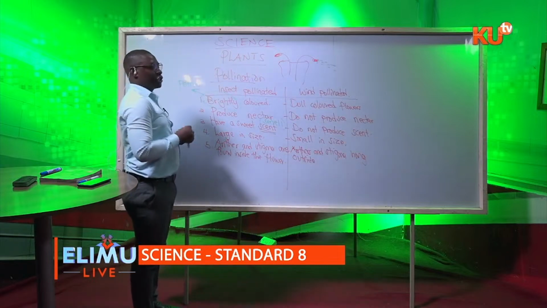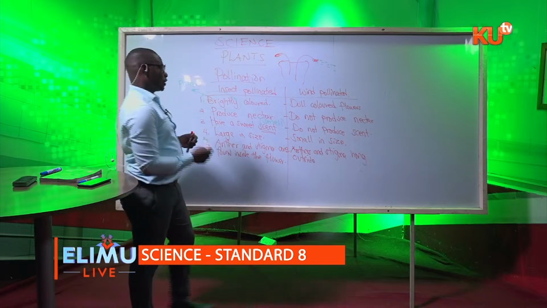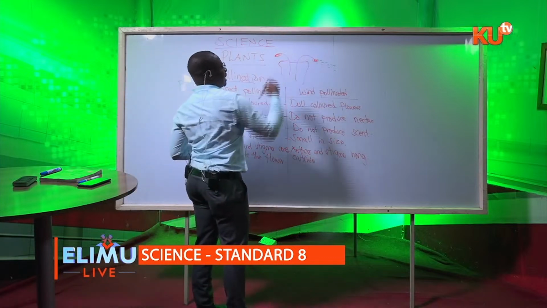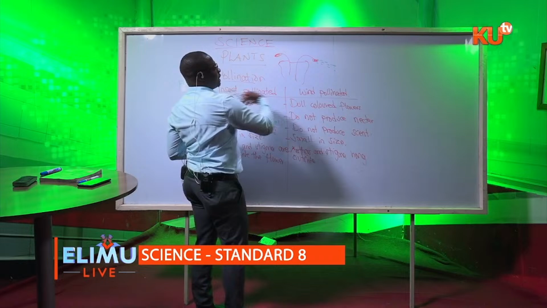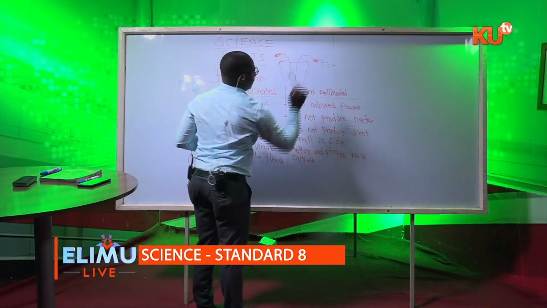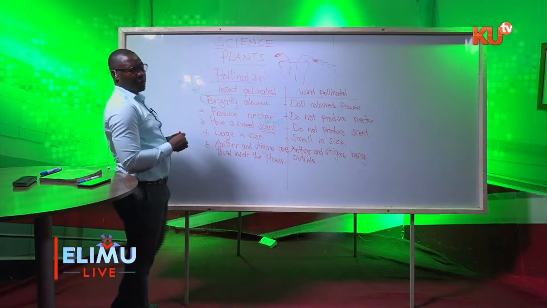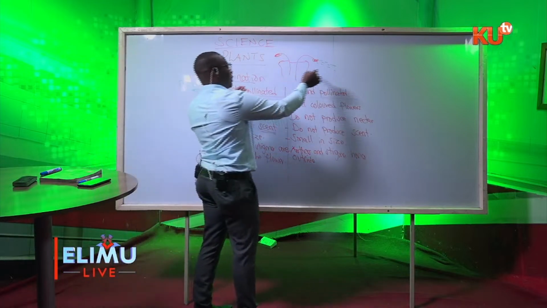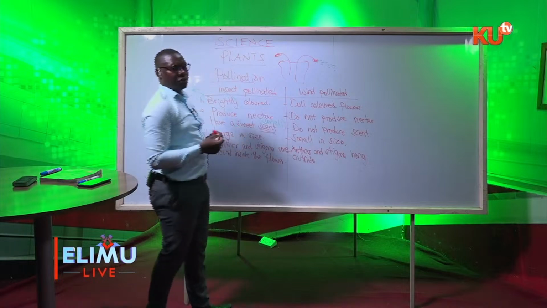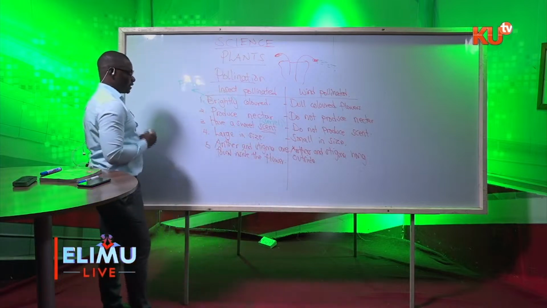Remember, the definition of wind is moving air. So once the wind blows, it blows away the pollen grains, and as they are blown away, they move from one flower to the other, and then pollination will have taken place.